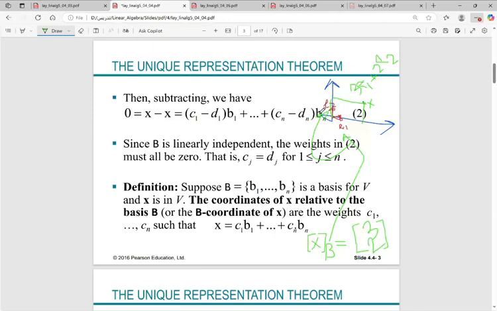B has two vectors, E1 and E2, and the coordinate of x in this basis is the vector (3, 2). Why? Because x equals 3 times E1 plus 2 times E2.